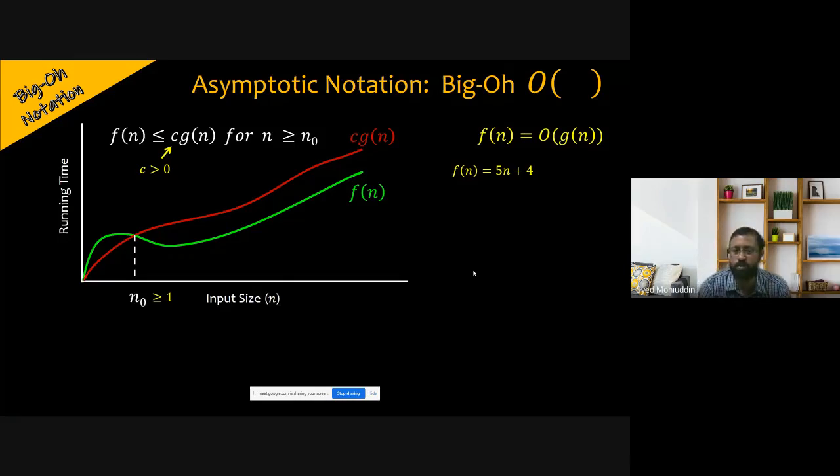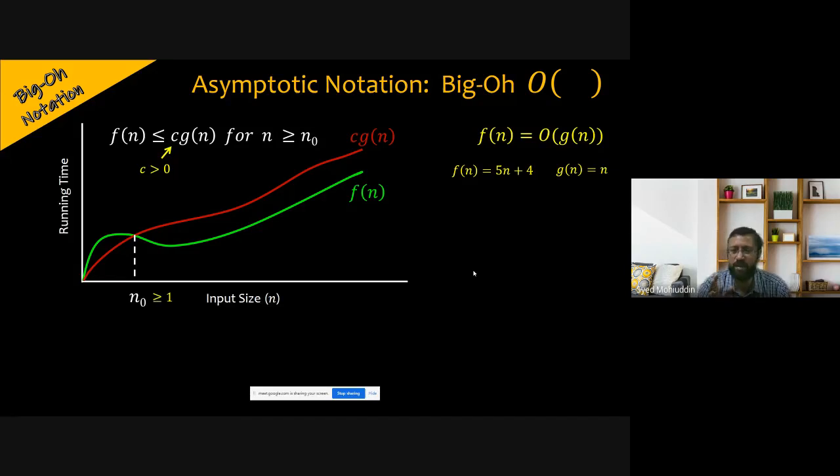Now we need a function g of n. Remember, g of n should be of the same degree as f of n. We will talk about that same degree later, because it will be confusing right now. g of n doesn't need to have any constants.